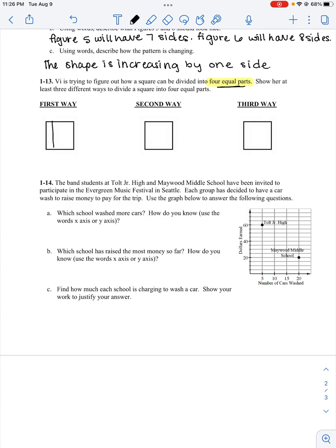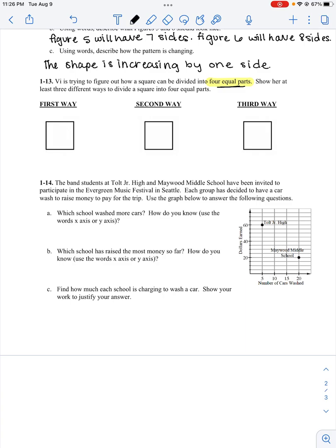I could do something like this. First of all, there's 6 parts, right? So that won't actually work. And I have to be careful because if I do this, are all those parts equal? They are not.